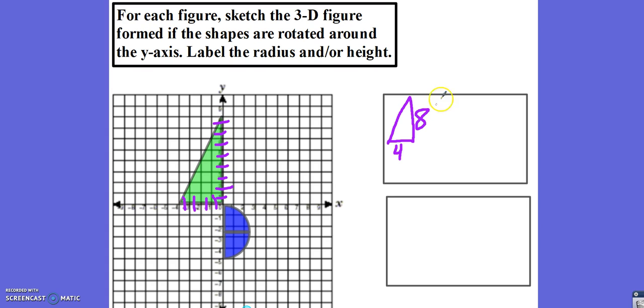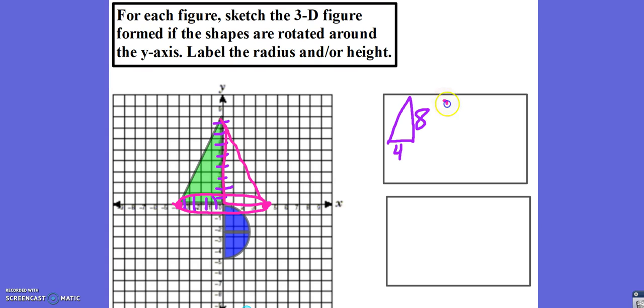Now we are rotating about the y-axis, so we are reflecting across the y-axis. This point is at -4, so we're going to come over here to +4. We're going to draw in our triangle, and our circle connects the 2 points that we reflected.